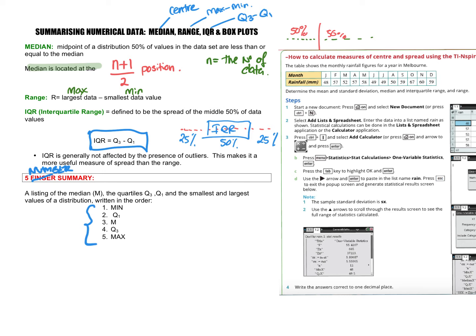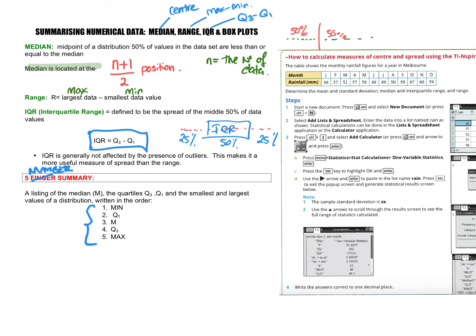So a good way to see it is, say we collected all our weights in this class, and I'm just making these up, we ranged from 90 as the maximum to 50 as the lowest. So the range is about 40.